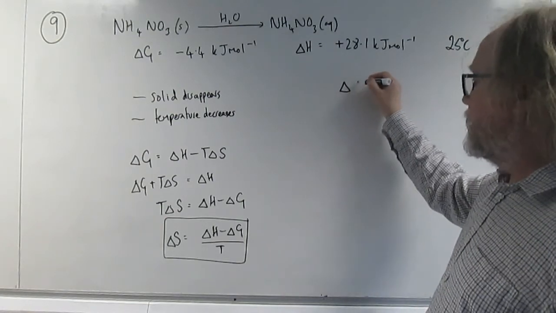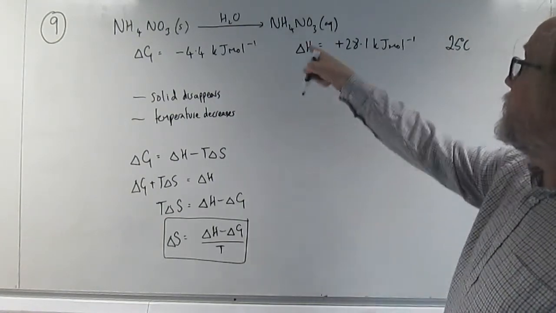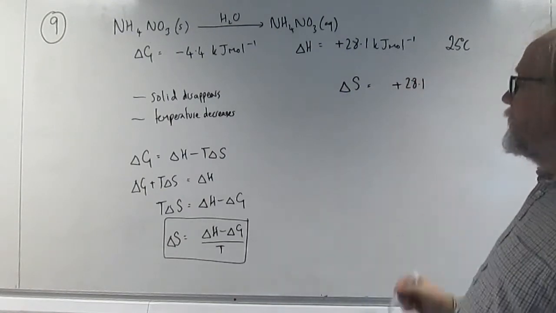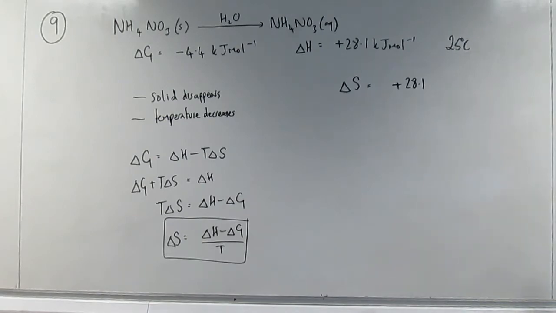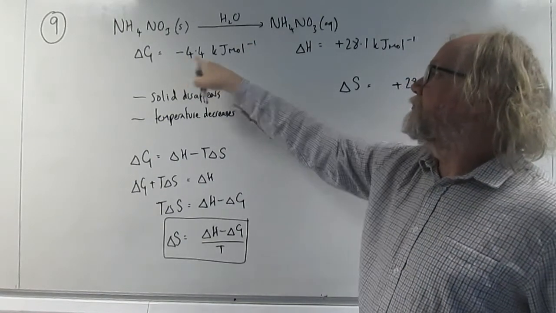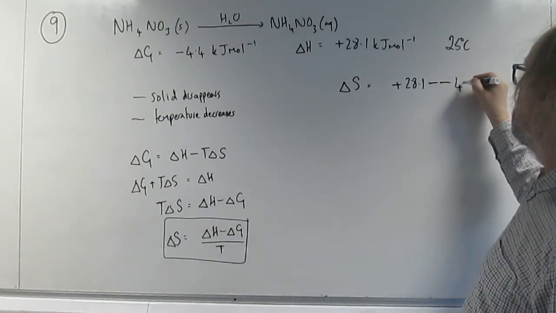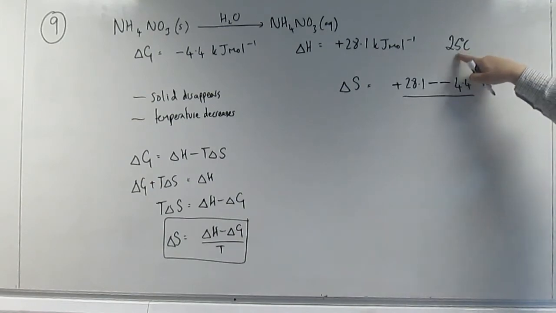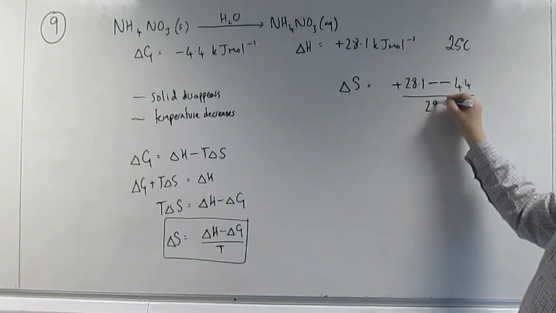So we get delta S is equal to delta H, which is plus 28.1, minus delta G. So this is where you've got to be careful, because it's minus 4.4 over T. T is 25 degrees C, but that has to be in Kelvin, so we add 273, which gives us 298.